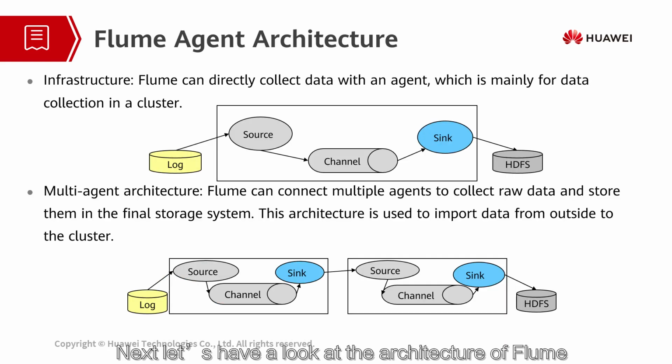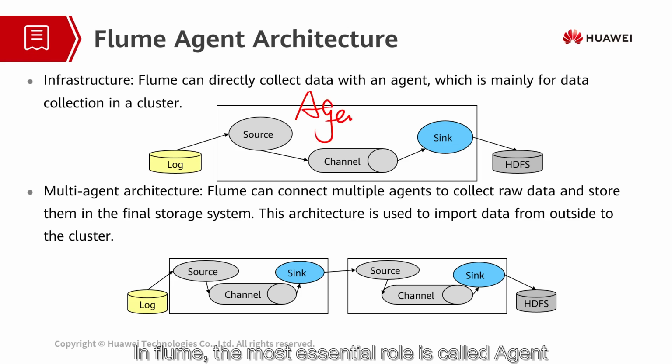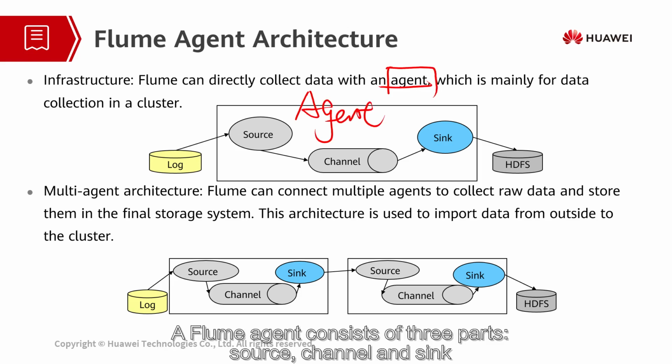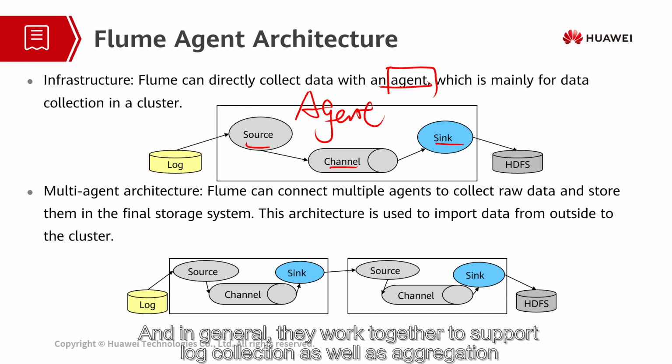Next, let's have a look at the architecture of Flume. In Flume, the most essential role is called agent. A Flume agent consists of three parts: source, channel, and sink. And in general, they work together to support log collection as well as aggregation.